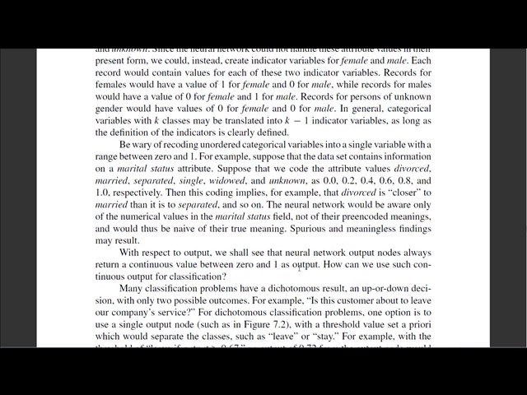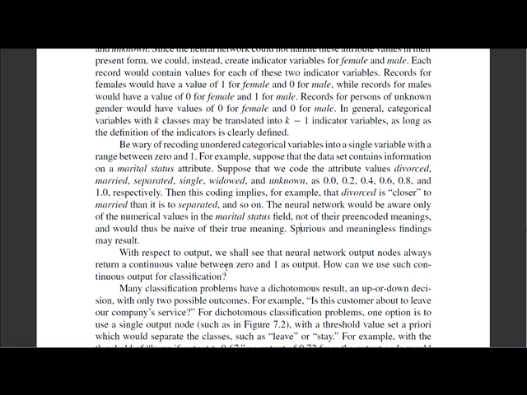With respect to output, so you shouldn't do it that way. Instead you could make several 0, 1 variables like they did and like I showed you earlier. With respect to output, we shall see that the neural network output nodes always return a continuous value between 0 and 1.